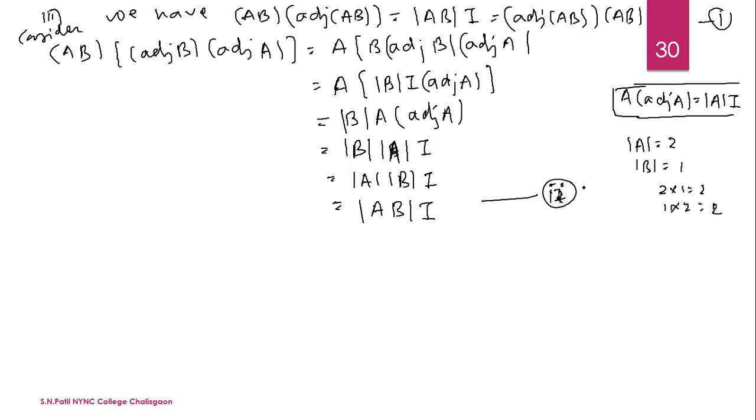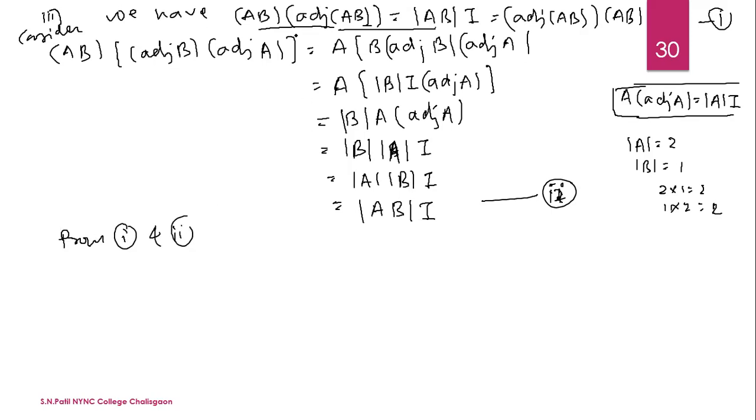Now from 1 and 2, if we consider only the left hand side here, AB into adjoint of AB is determinant of A into B into identity matrix. So see here, the RHS are the same from 1 and 2.